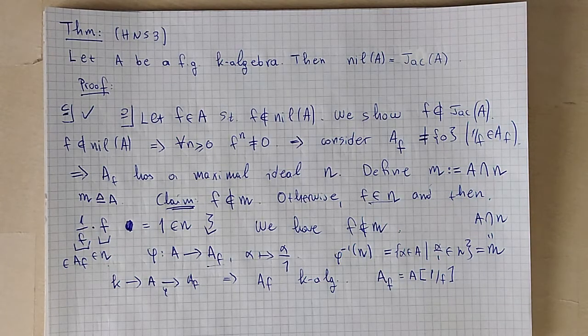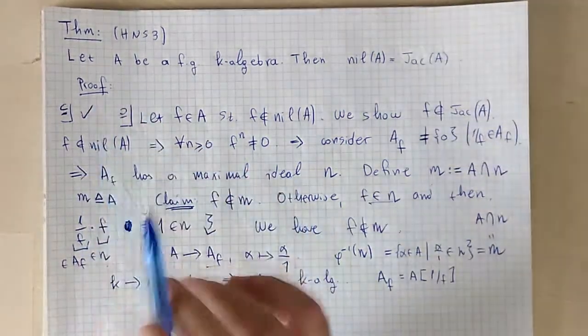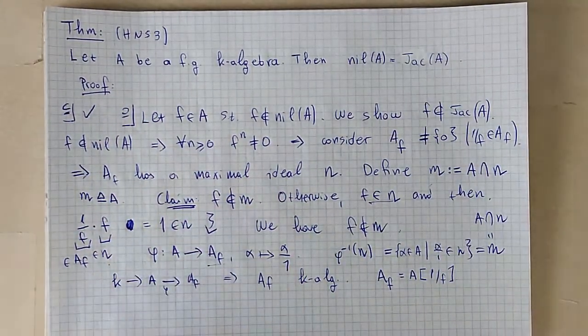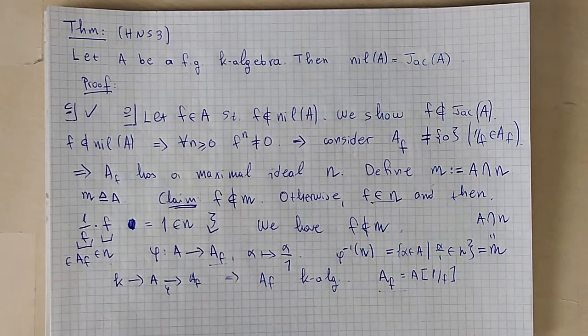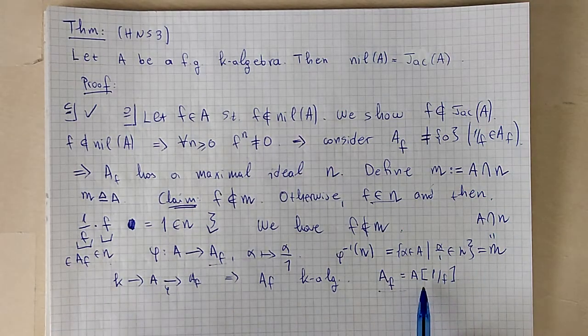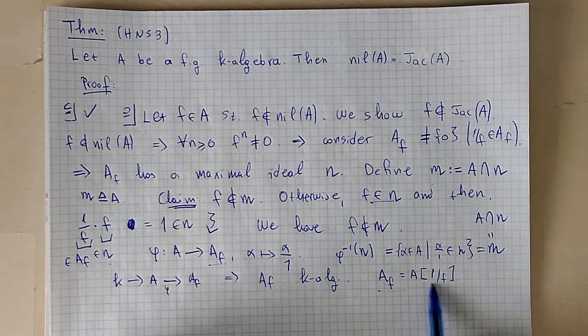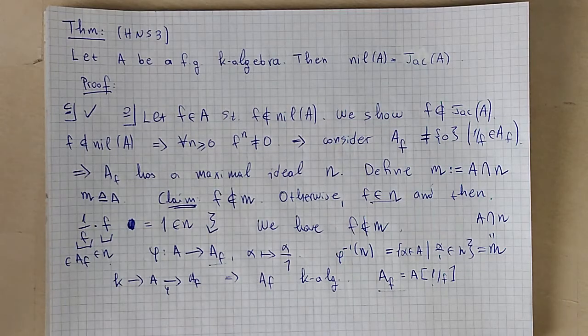It's easy to see that every element in here, using the fact that A is a finitely generated K algebra, follows that this is also a finitely generated K algebra. And if you want to be explicit, if A is generated by, say, alpha 1 through alpha n, then this is going to be generated by alpha 1 through alpha n, and 1 over f as a K algebra.